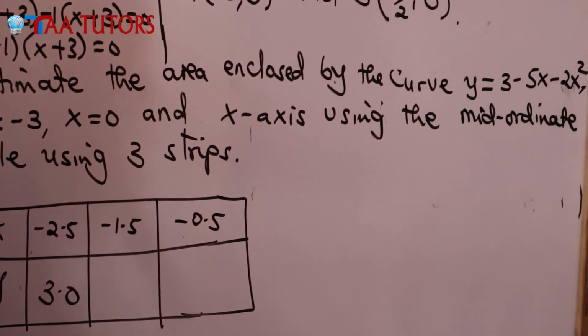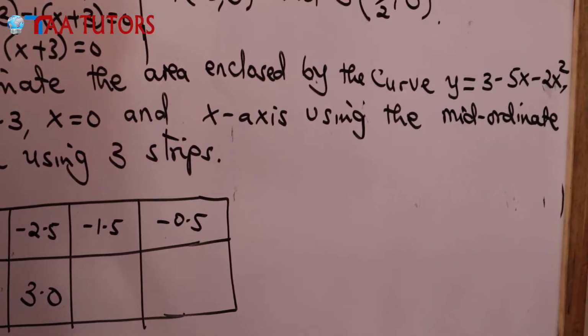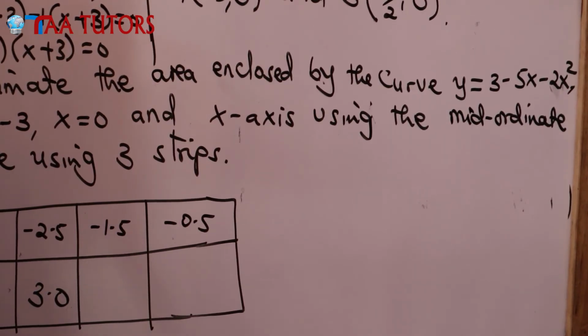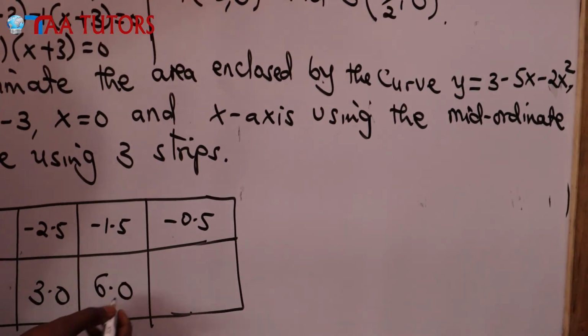What about if we substitute negative 1.5? We get 3 minus 5 into negative 1.5 minus 2 into negative 1.5 squared. We get 6.0.